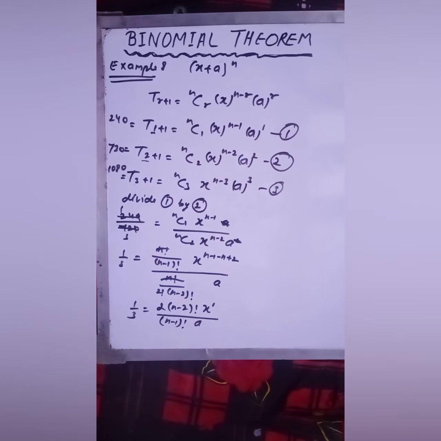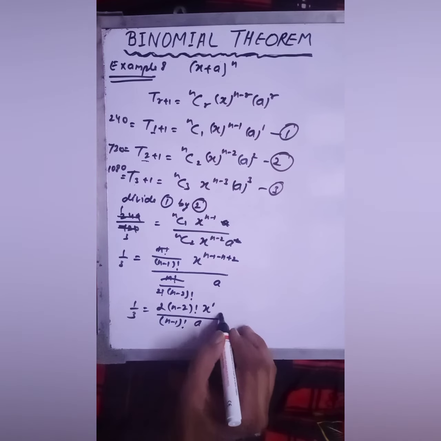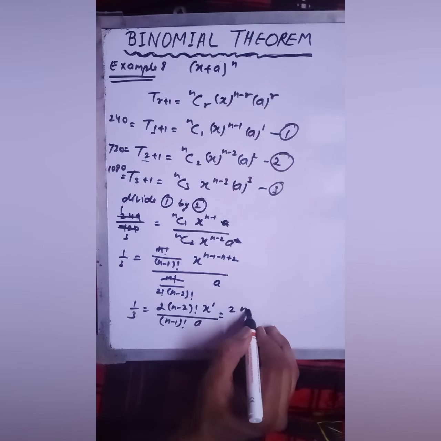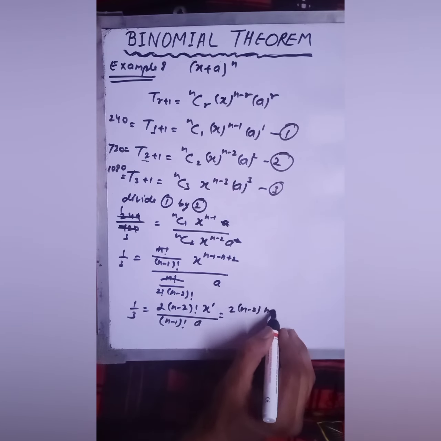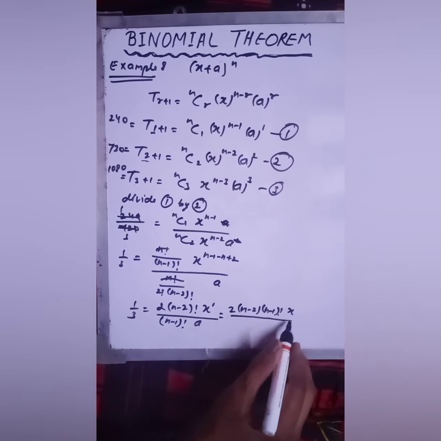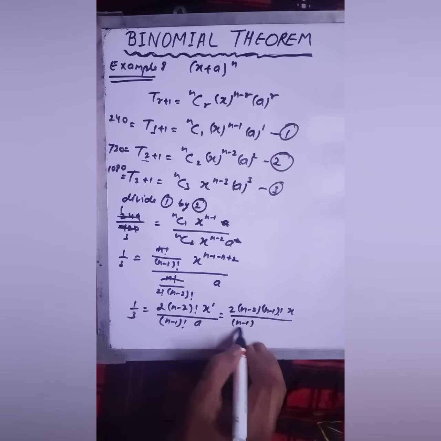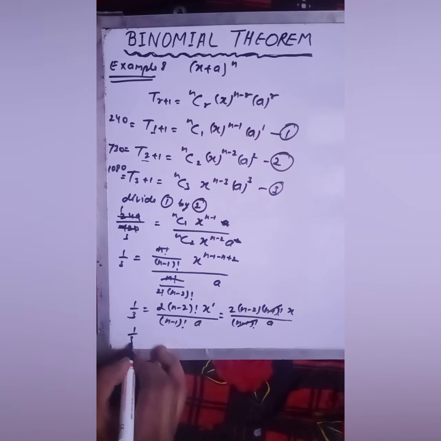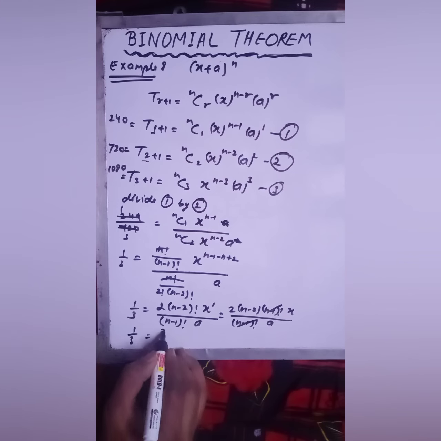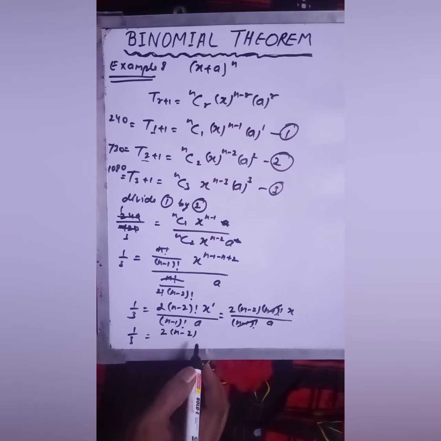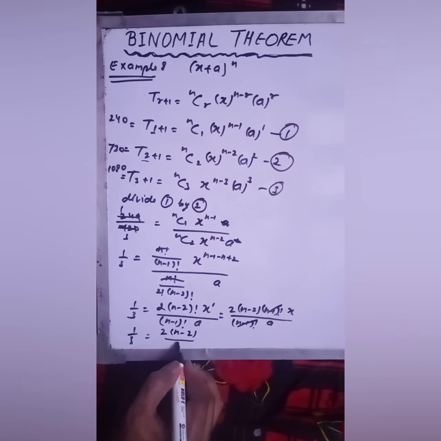Okay, in the next step what you will do, see, this will be 2, and at a place of this I'm writing n minus 2, n minus 1 factorial x over n minus 1 factorial a. So this and this term will also cancel out, so you will get 1 by 3 is equals to 2 (n minus 2) over a.